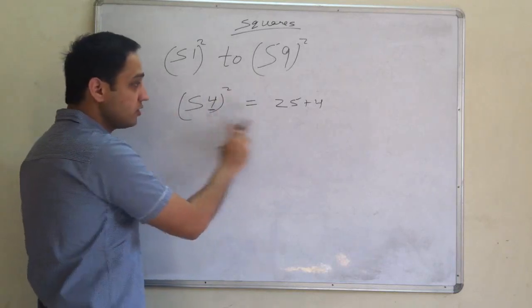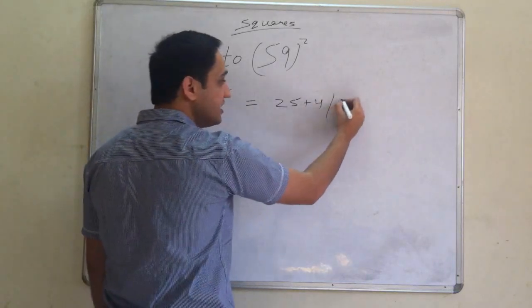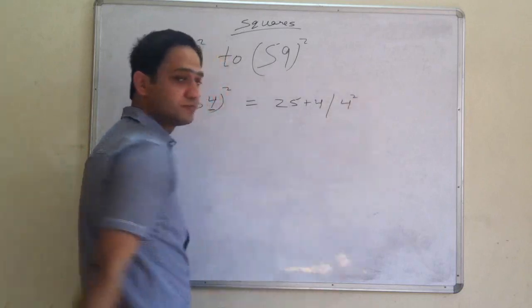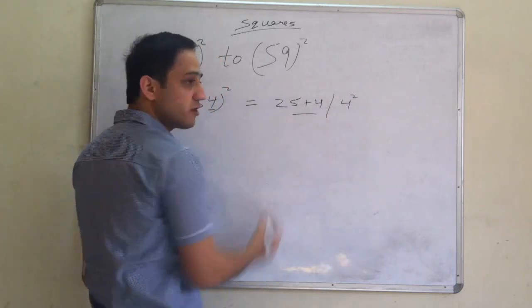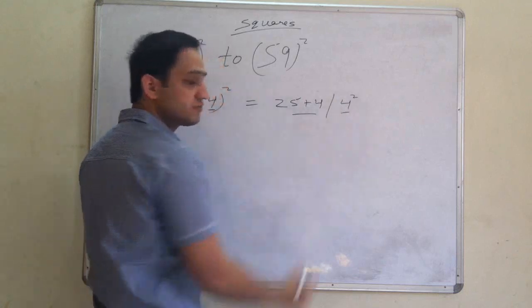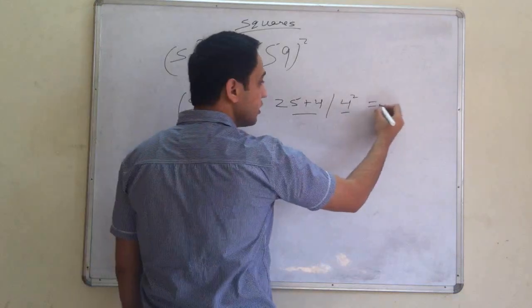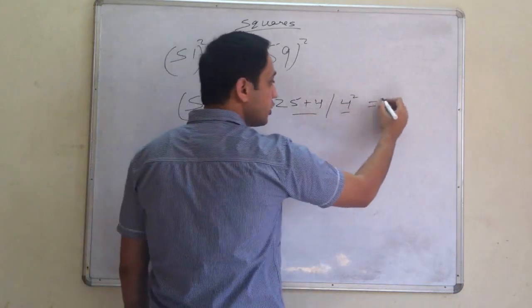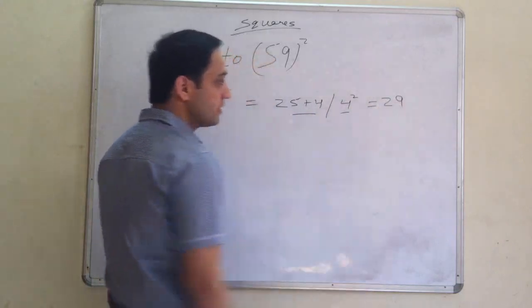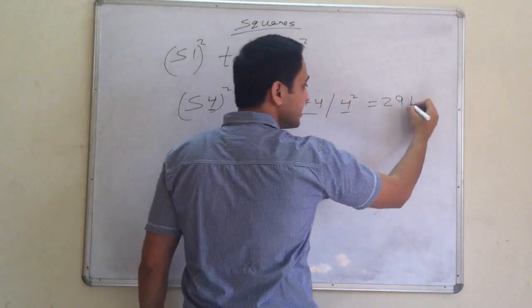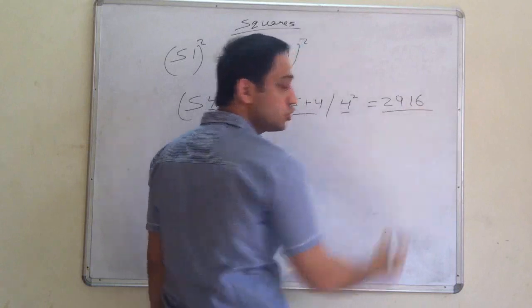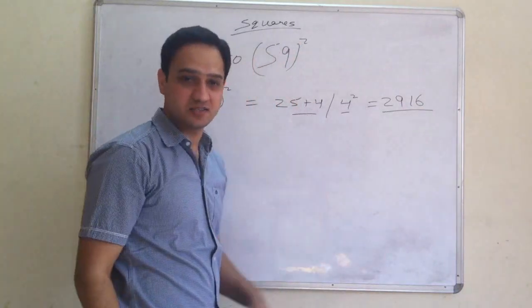So 4 plus, and lastly the square of 4. I'll take 2 digits from here and 2 digits from here. So the answer is 25 plus 4, 29, and 4 square is 16. So 2916 is your answer.